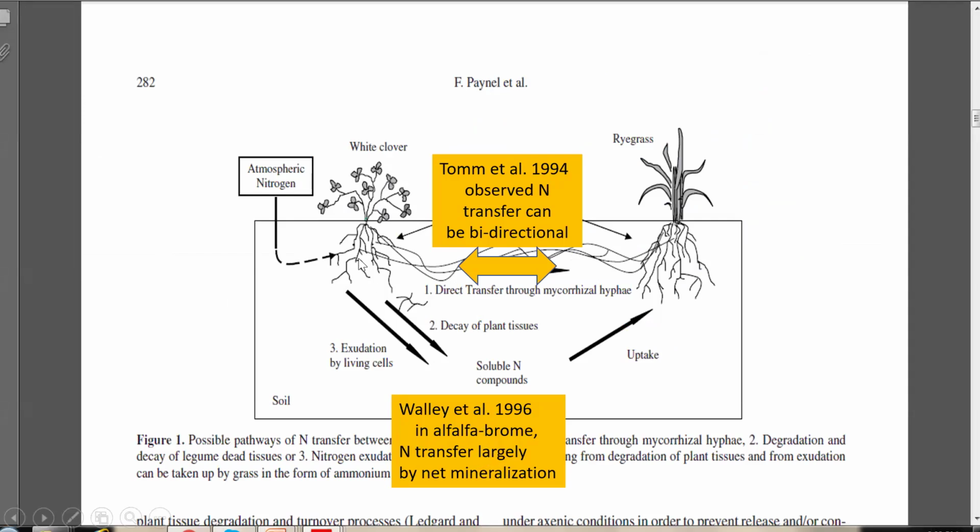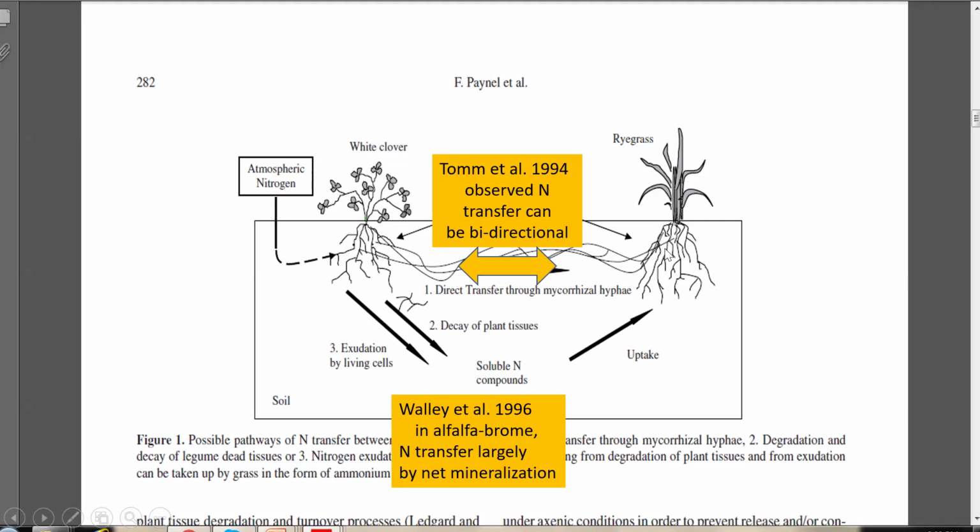And in this case, a lot of the nitrogen from the alfalfa legume was added to the soil, and the grass was able to take it through mineralization of the nitrogen from those soil pools. So the other major mechanism by which you can get nitrogen transferred is through the common mycorrhizal network. So both of these networks operate in mixtures, and they're both important.